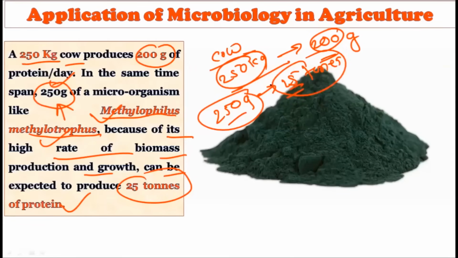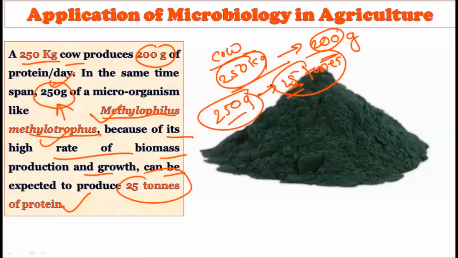तो आप समझ सकते हो कि इन माइक्रोब्स का इस्तेमाल करके हम एग्रीकल्चर से कैसे प्रेशर निकाल सकते हैं, क्योंकि ये माइक्रोब्स के पास high rate of biomass production होता है, ये बहुत जल्दी क्विकली मल्टीप्लाई होते हैं, ग्रोथ इनका बहुत स्पीड से होता है, इसीलिए ये बहुत जल्दी प्रोटीन्स बना सकते हैं। तो on the one hand अगर 250 kg की काऊ बस 200 ग्राम ही प्रोटीन एक दिन में बना सकती है, तो on the other hand 250 ग्राम के सिर्फ बैक्टीरिया अगर हम ले लें तो वो 25 tons of protein बना सकते हैं within the same time period. So this can be again used to take off the pressure from the agriculture. ये एप्लीकेशन है एक माइक्रोबायोलॉजी का जो एग्रीकल्चर में हम यूज कर सकते हैं, जिससे क्या होगा कि एग्रीकल्चर से प्रेशर निकल जाएगा। All right.